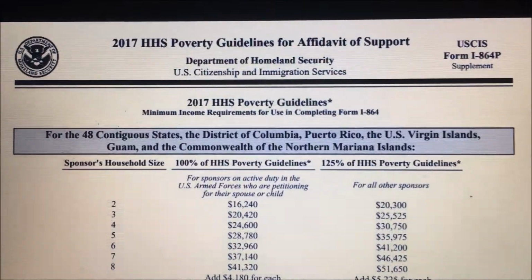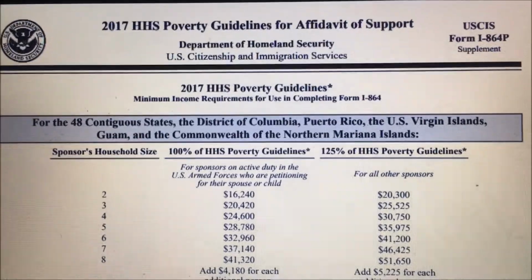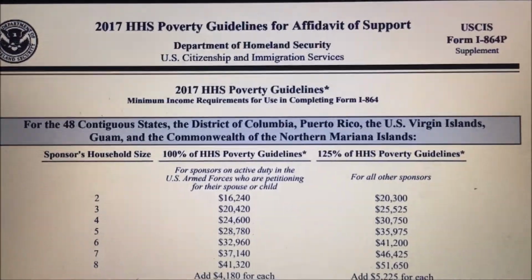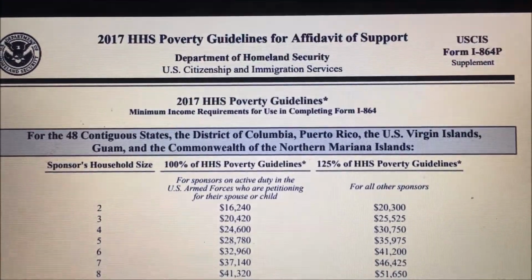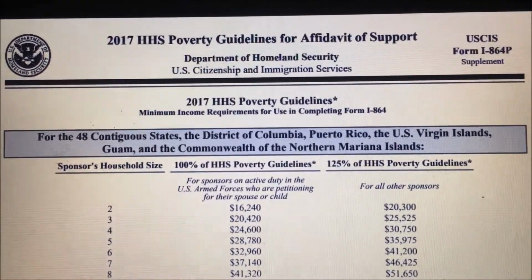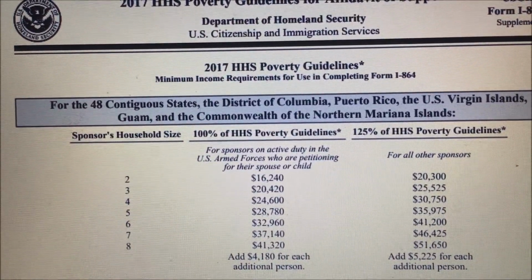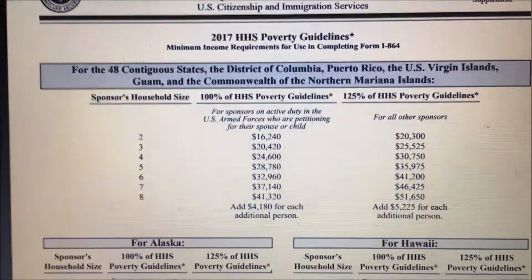So let's check the USCIS Form I-864P, the 2017 Poverty Guidelines for Affidavit of Support. This is the minimum income requirement for use in completing Form I-864.